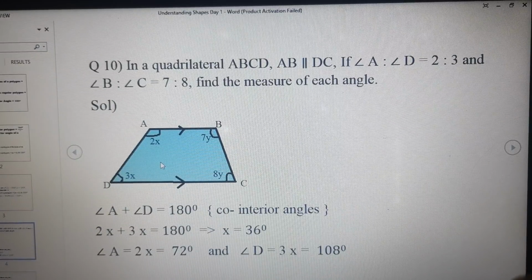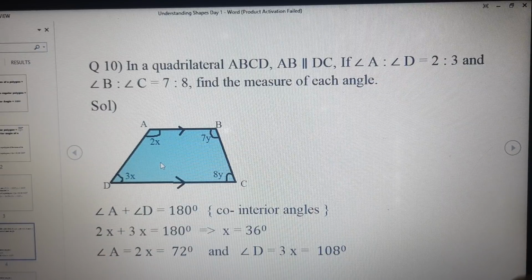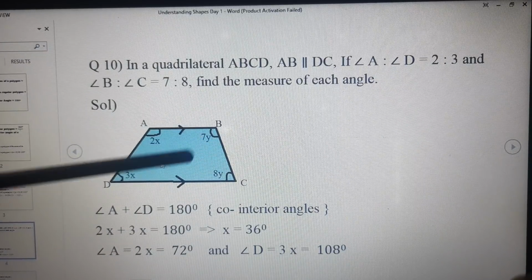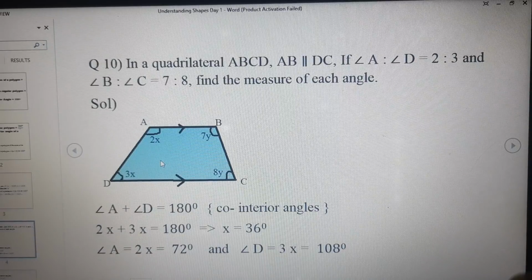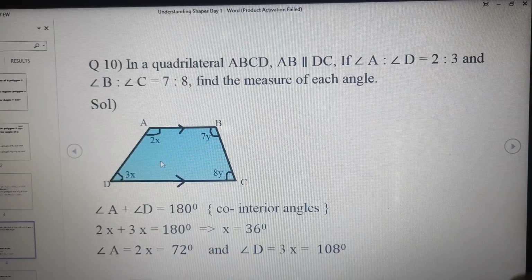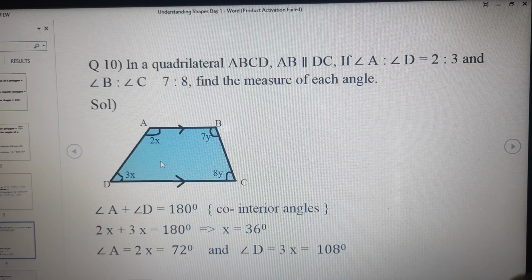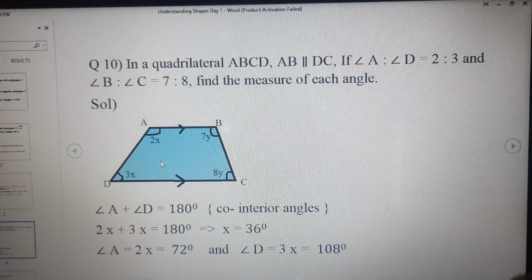Now, a few properties of parallel lines. You have already done parallel lines in your previous class. If we have parallel lines, alternate angles are equal. Corresponding angles are equal. And co-interior angles are not equal, but the sum of co-interior angles is 180 degrees.